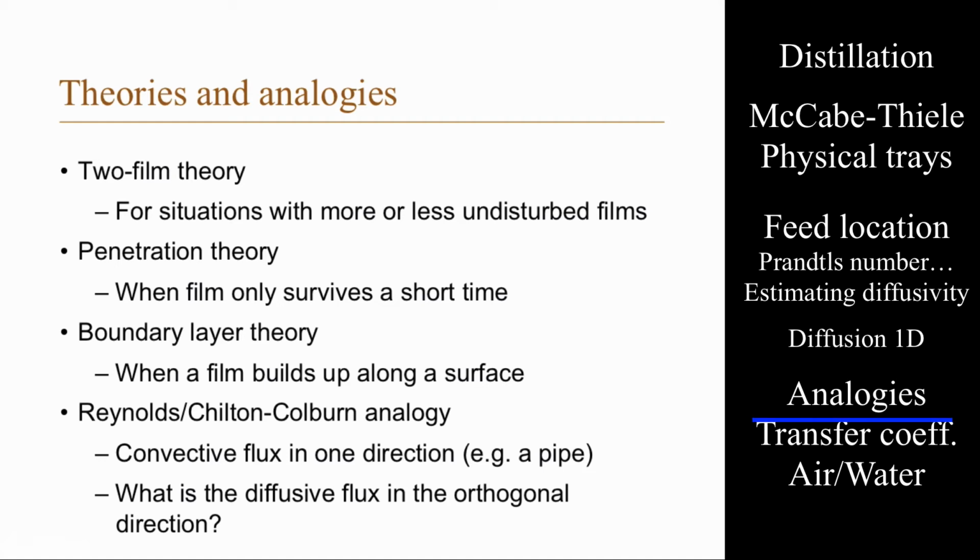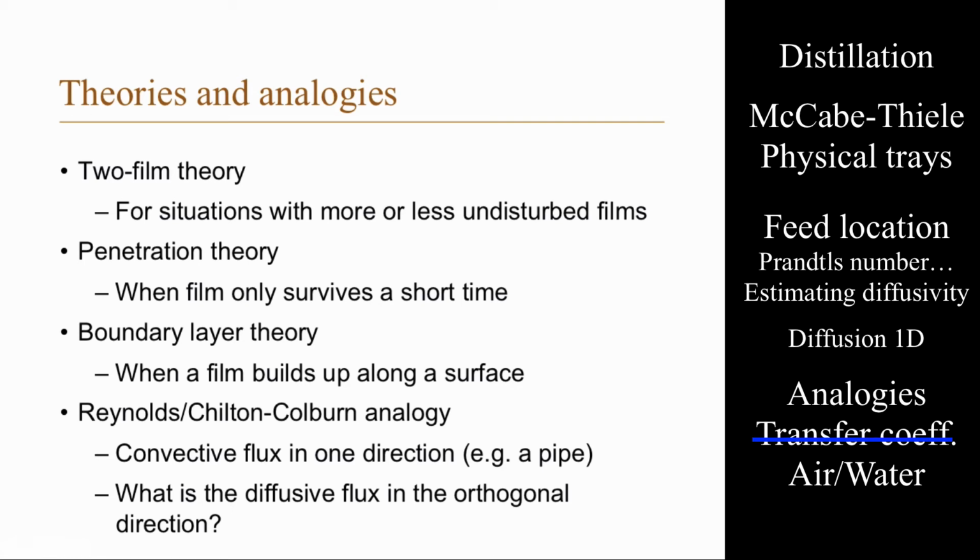Boundary layer theory, we talked about airplanes, but perhaps a more reasonable example is that you have a wall that you painted, and then you have a fan that blows air along that wall, and then close to the wall you have a film that builds up. The further away you are from the fan, the thicker this film. And then we studied a mass transfer orthogonal to the painted wall.